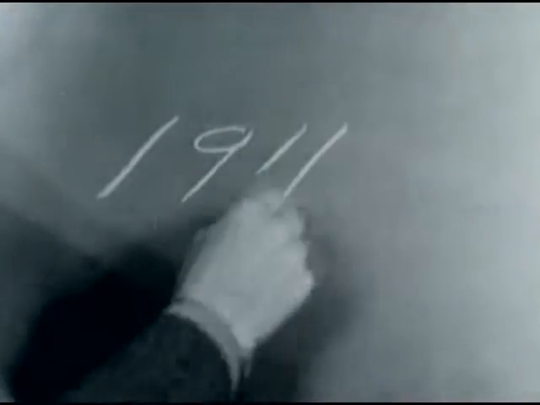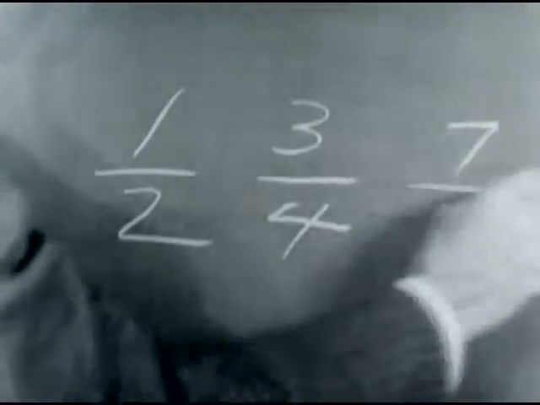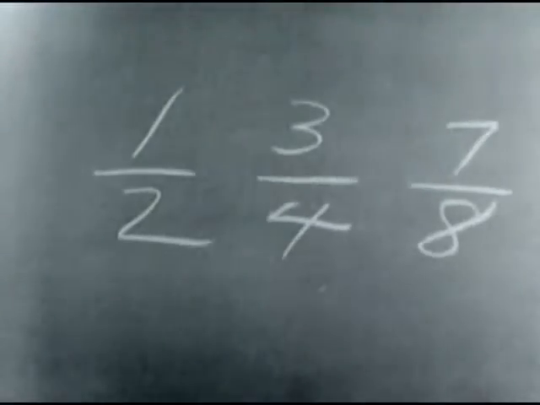Now, is that 19½ or is it 19,112? Your guess is as good as mine. One such error might ruin the accuracy of your figures. Such errors are difficult to locate and expensive to correct. So please write fractions this way. Keep the bar horizontal and put one figure right above the other.